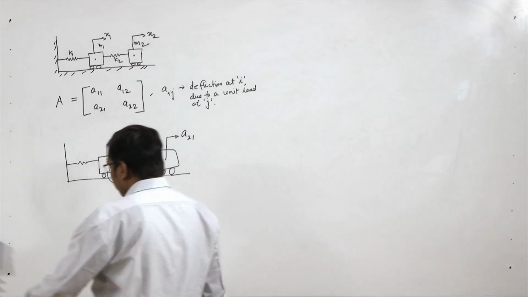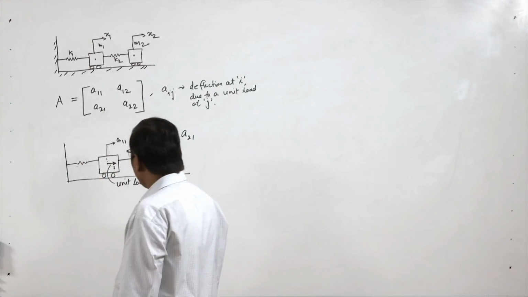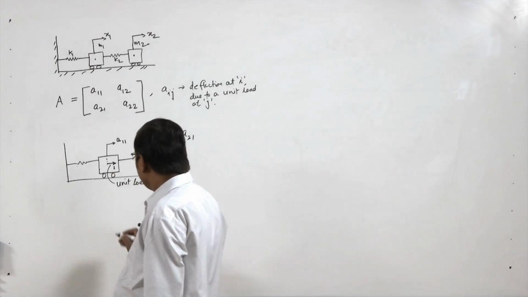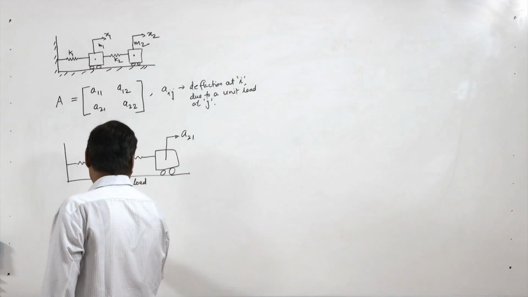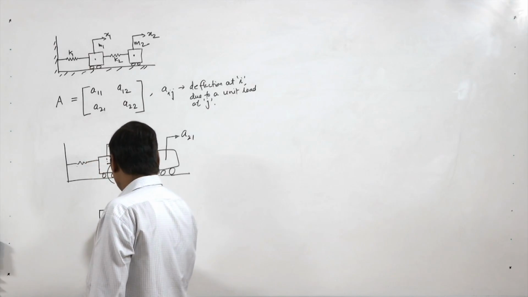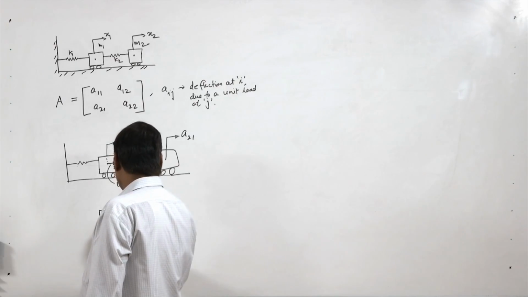Now we have to make the free body diagram to find the equilibrium equations. So here we have this first mass, and on this first mass we have the unit load here.